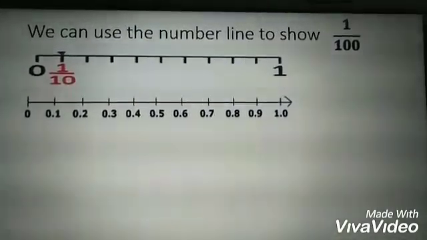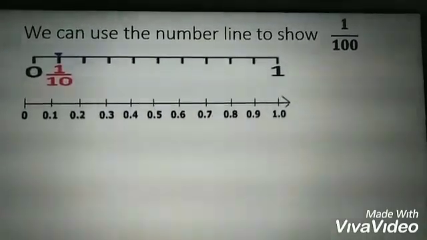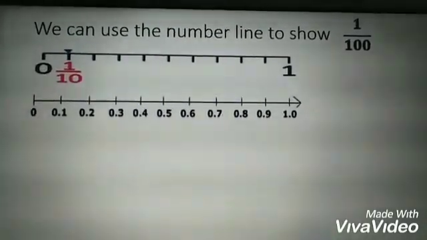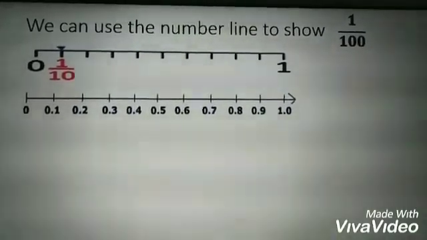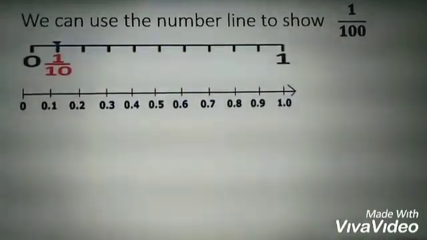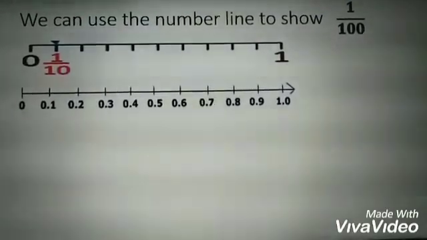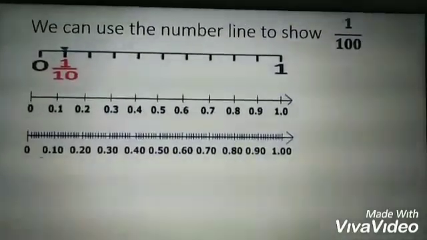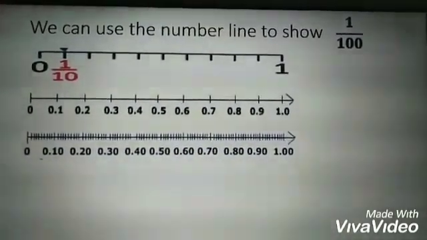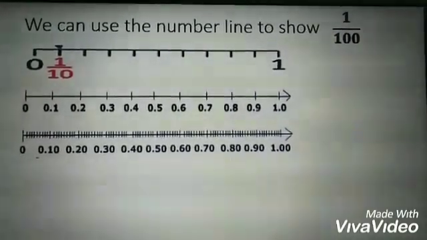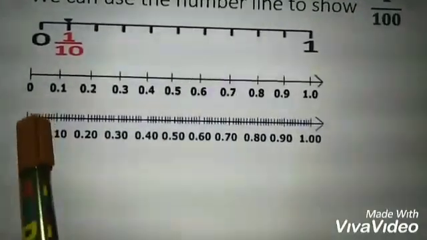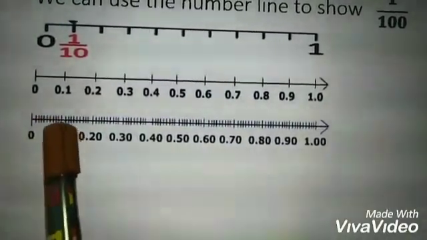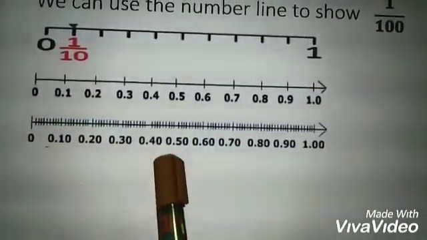Now, to show the fraction 100ths on the number line, we have to divide the distance between number 0 and number 1 on the number line into 100 equal parts. We divide it into 100 equal parts because we have the number 100. These small lines show one part out of 100.